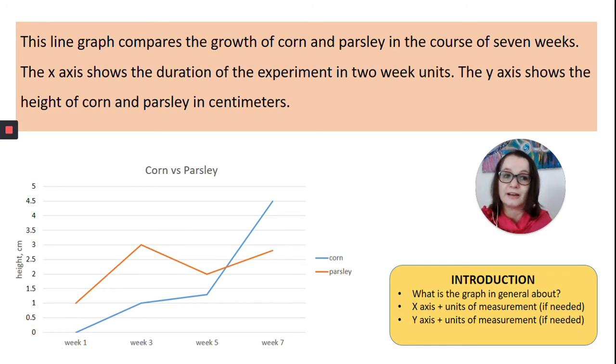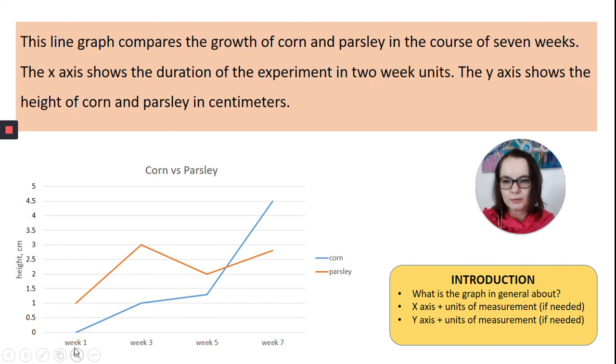And if you look, it goes from week 1 to week 3. So what is the unit of measurement? Like 2 weeks, because from week 1 to week 3, it's not week 1, week 2, week 3, week 4. So 2 week units, which is important to mention. And then when we look at the y-axis, it shows obviously the height of a plant in centimeters.